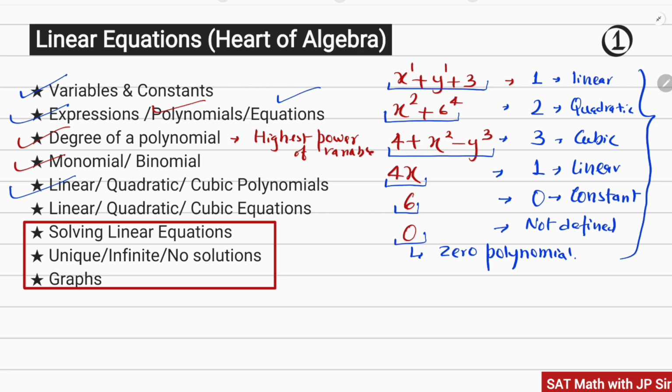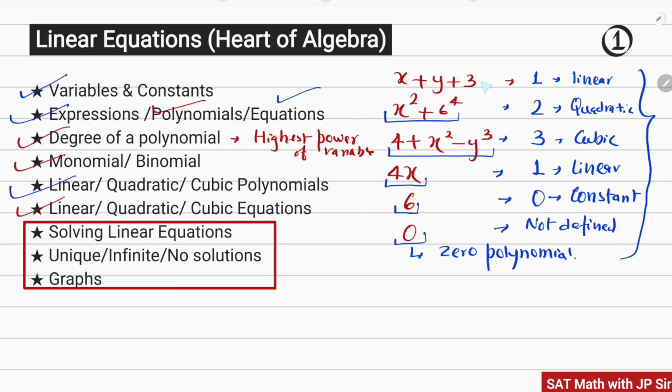All right, now we have linear, quadratic, and cubic equations. You know the difference between a polynomial and an equation. In an equation, we have something equals to something. Now, if you look at this, the first one, this is a linear polynomial.